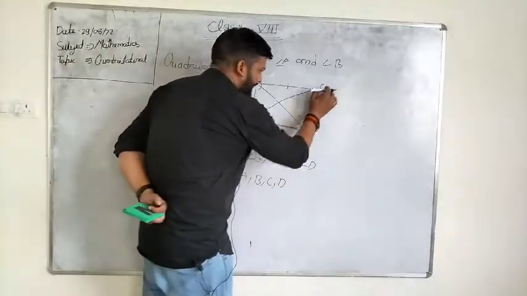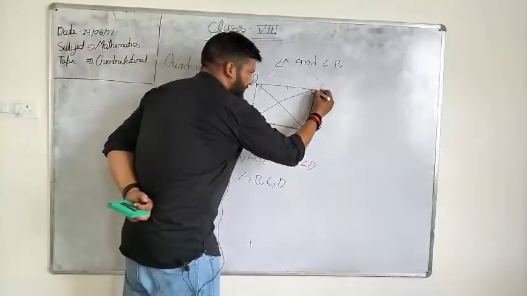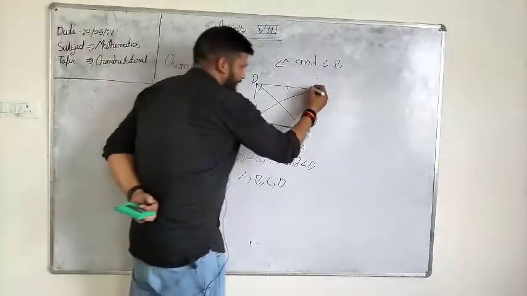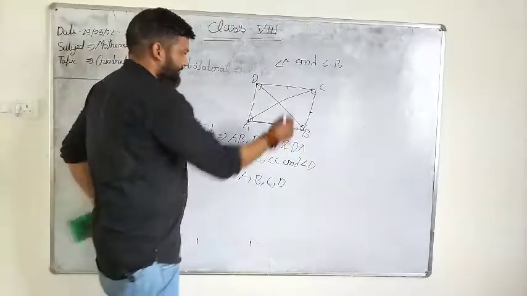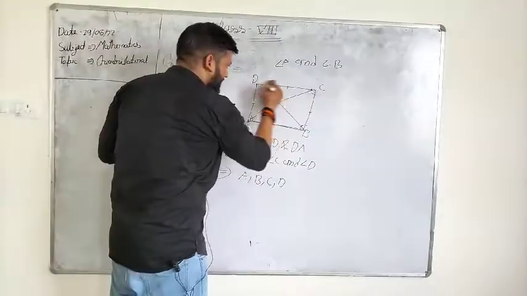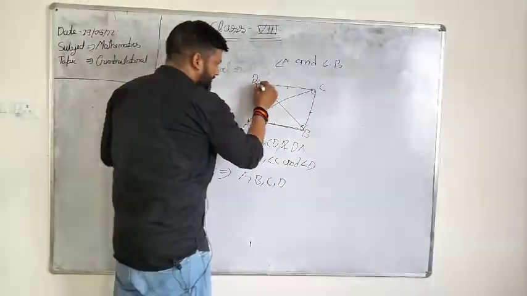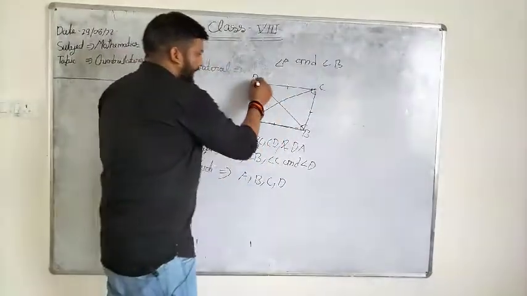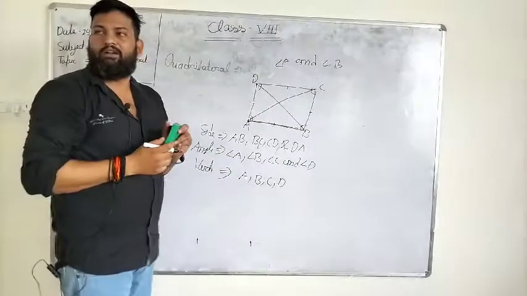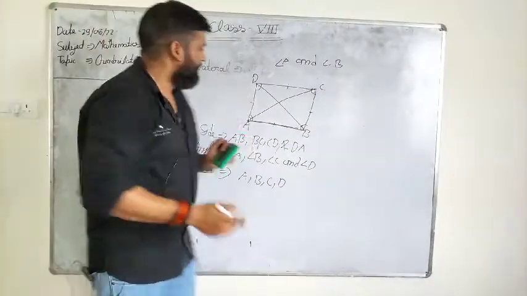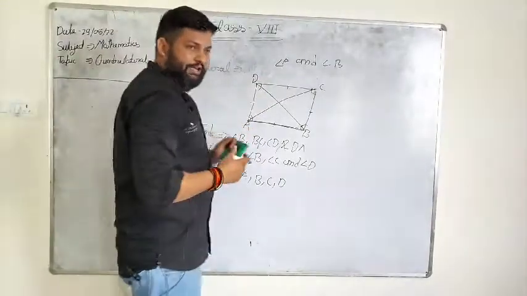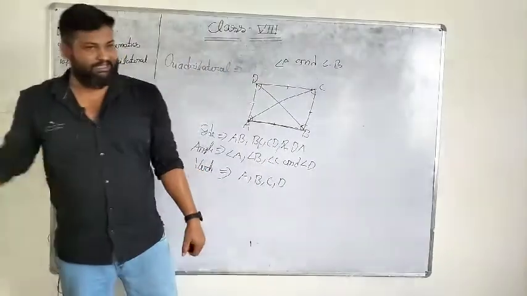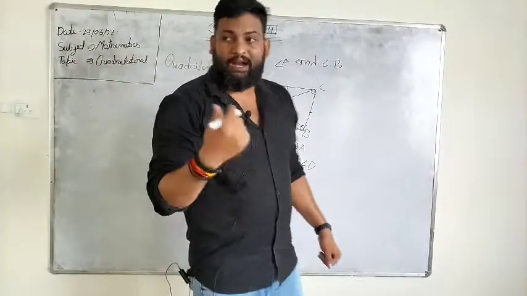Same as angle B and angle C are joined by the common line BC, so they are adjacent angles. Same as angle C and angle D, joined by a common line, are adjacent angles. Same as angle A and angle D are adjacent angles. So this was the adjacent side and the adjacent angle.